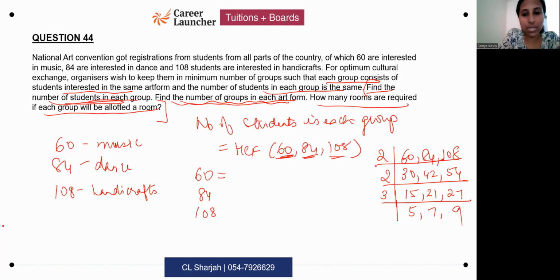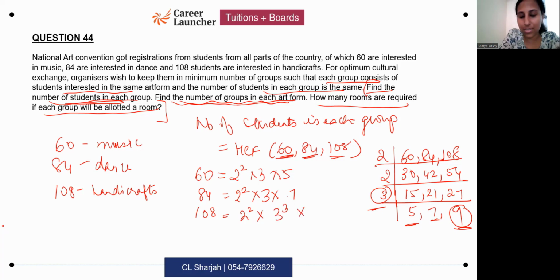So once you do this, 60 is what? 60 is 2 square into 3 into 5. 84 is what? 2 square into 3 into 7. 108 is what? 2 square into 3 into 9. That means 3 into 3 square. 3 cube into, that's it, no? Okay. So writing this down is important.